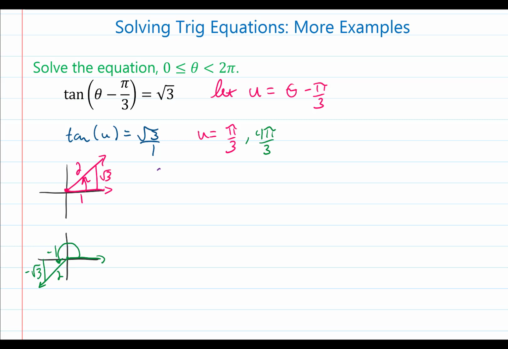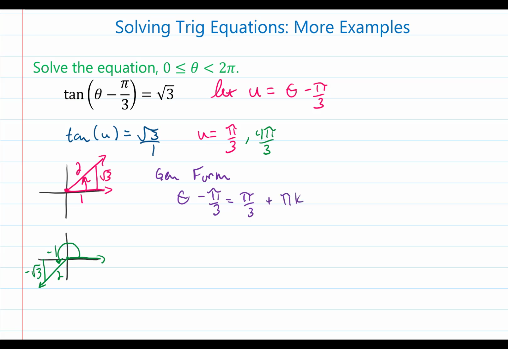So to find our general formulas, we're going to take theta minus pi over 3, set it equal to the value of u, which is pi over 3, plus pi times k.